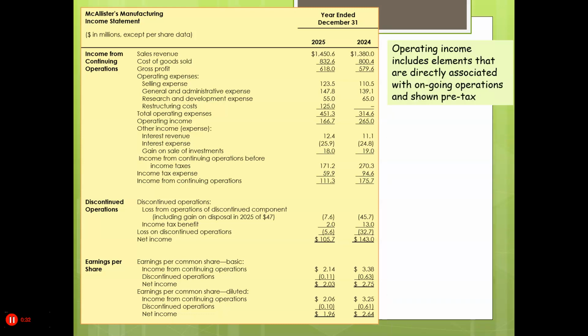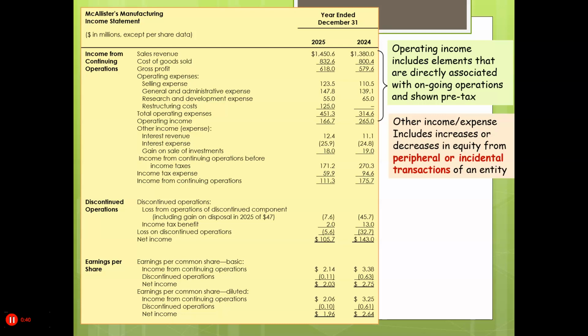So again, operating income includes elements that are directly associated with an ongoing operation and shown pre-tax. Then we have other income and expense, which are items that are incidental, such as revenue, interest expense, or gain or loss on investments.